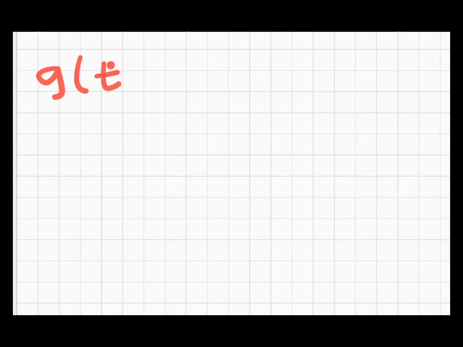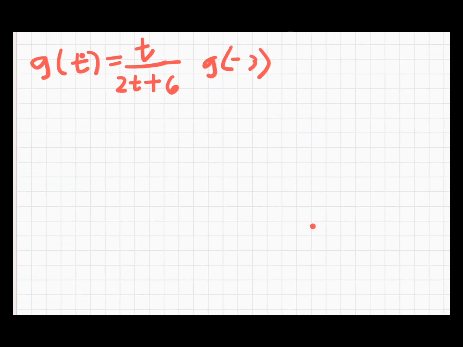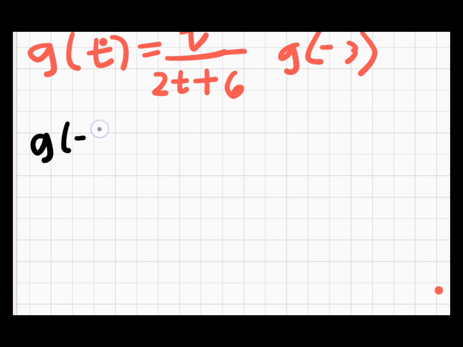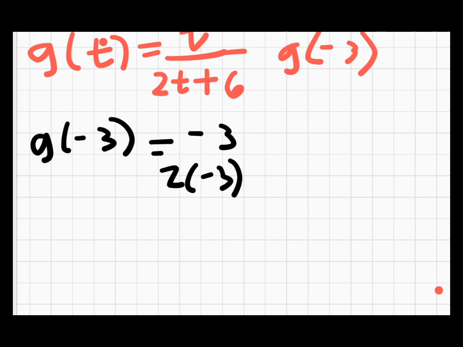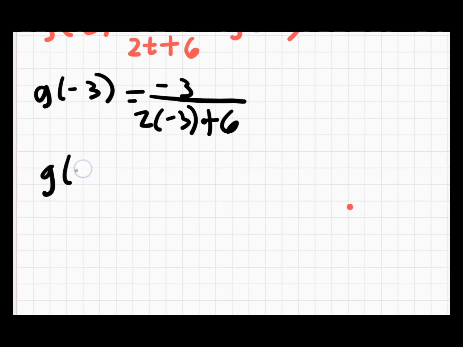Another problem, g of t is equal to t over 2t plus 6. Find g of negative 3. So we'll just plug in the value negative 3. g of negative 3 is equal to negative 3 over 2 times negative 3 plus 6. g of negative 3 is equal to negative 3 over 2 times negative 3 is negative 6, plus 6.